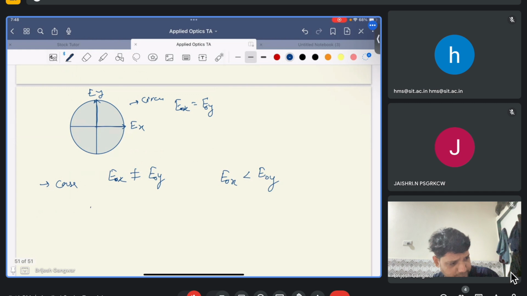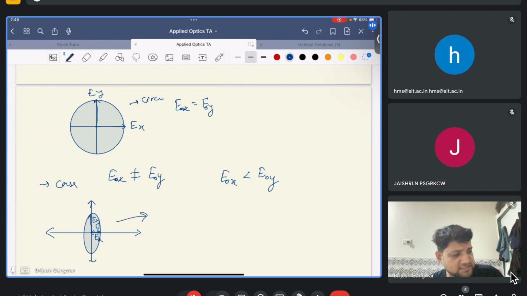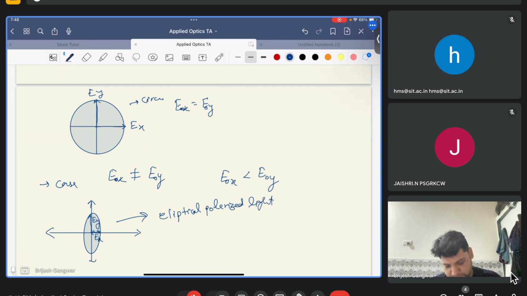Then this will be something like that. This will be your Ex and this will be your Ey. Then in this case, this is called elliptical polarized light. Okay.